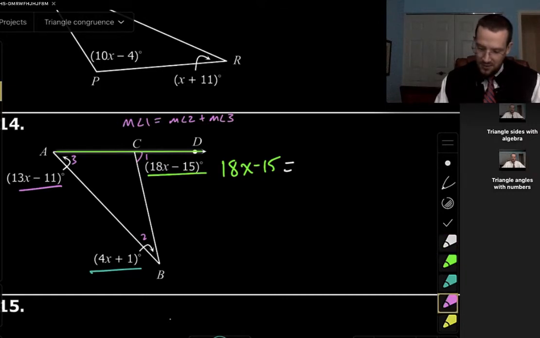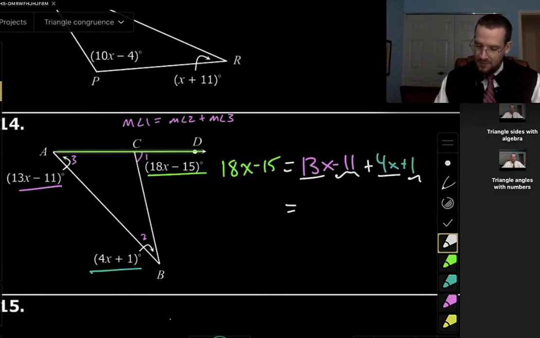So it's going to be equal to 13x minus 11 plus 4x plus 1. Combine like terms. So we will have 17x minus 10 is equal to 18x minus 15.